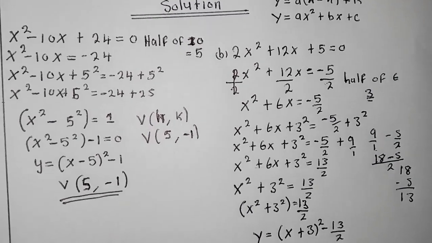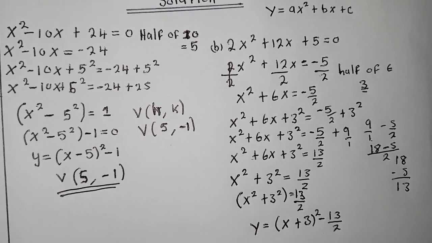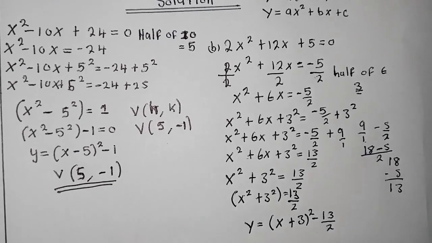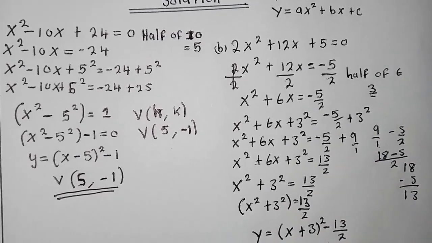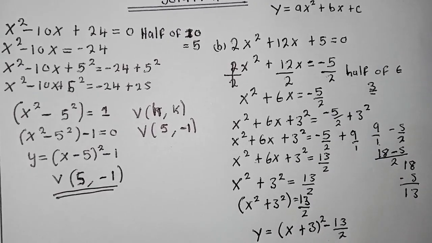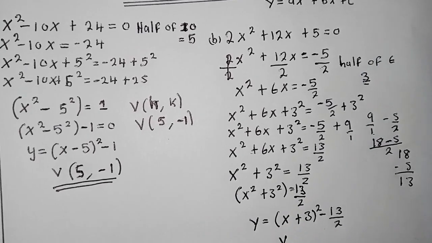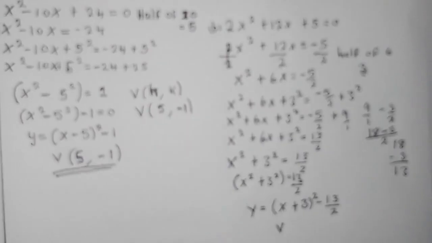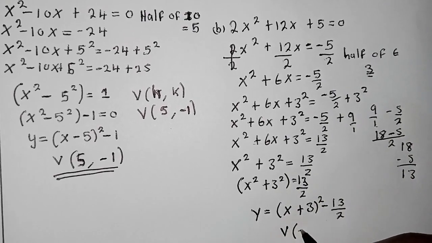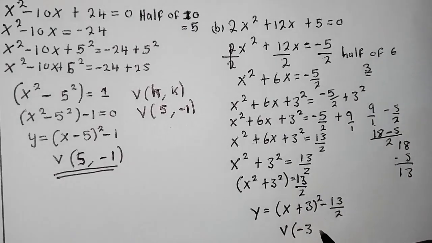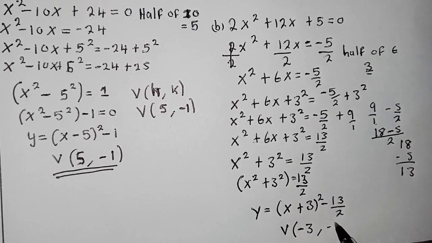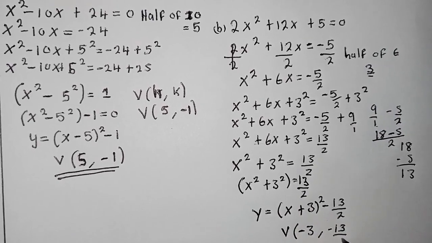All right, so that's just that. Therefore, in this case, our vertex, our h, since this guy is positive, meaning h is going to be negative. So it's going to be negative 3, comma, negative 1, like this.